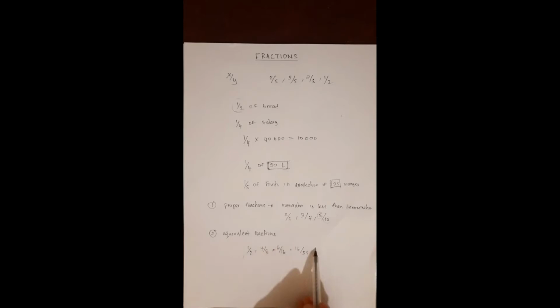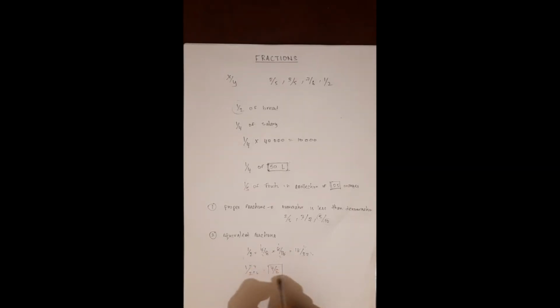These are all equivalent fractions because if we divide by 4, this would be 1 over 2. If we divide by 8, this would be 1 over 2. If we divide by 16, this would be 1 over 2. So here we take the 1 over 2 and multiply by the same number up and down. Let's say we multiply by 4, so it would become 4 over 8. So these are the equivalent fractions.